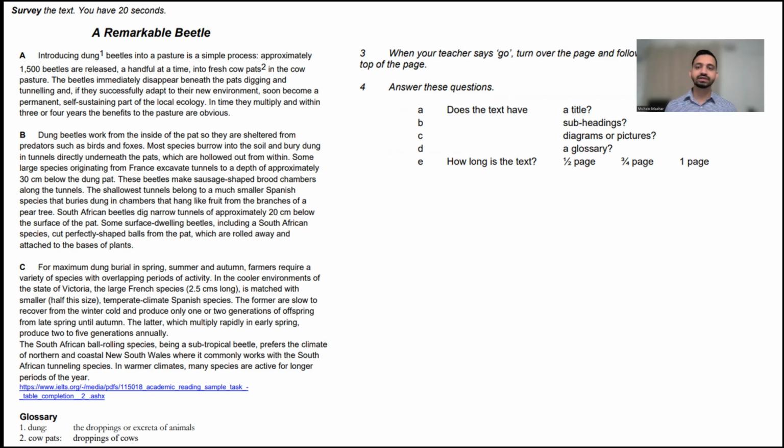Does it have diagrams or pictures, a glossary? And how long is the text? Is it half a page, three quarters, or one page? Pause the video here and do this exercise on your own. What you're doing is basically surveying the text here, and when you come back, we'll reveal the answers.